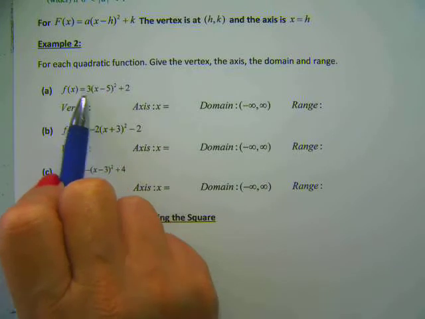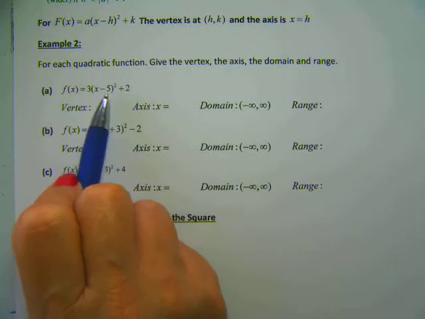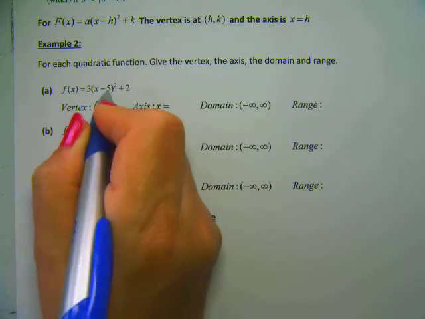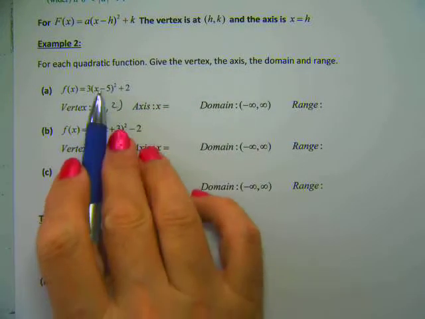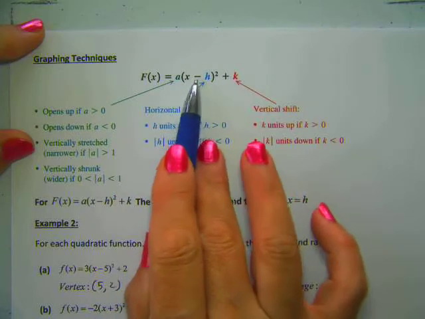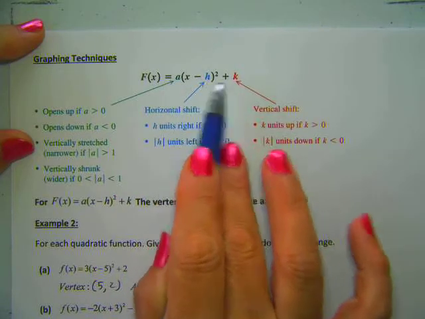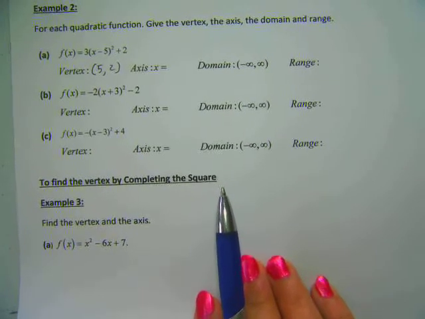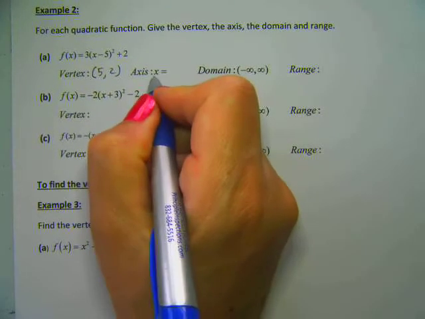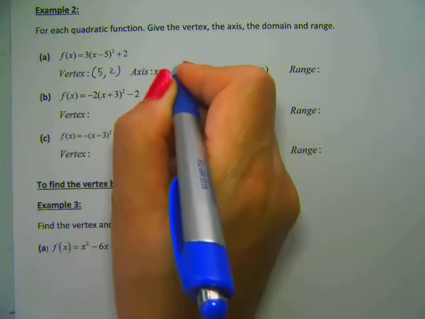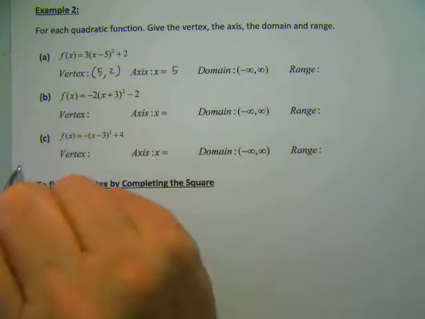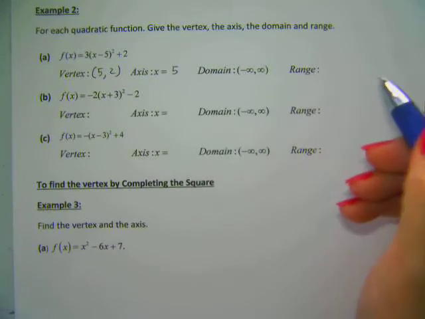What's the vertex in this function? It is, by looking, look how easy, just 5, 2. Remember, the negative is part of your formula, so you only get h, k. All right. What's the axis? It's always x equal, so it has to be an equation of a line, x equal to the h, which is the 5.